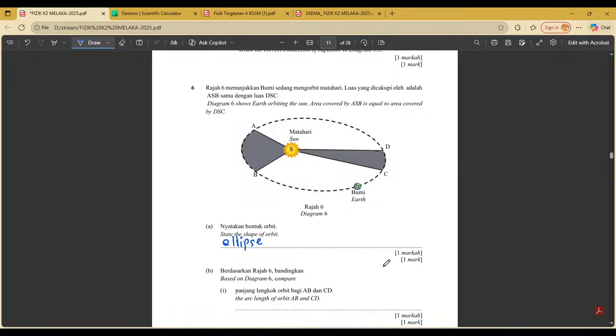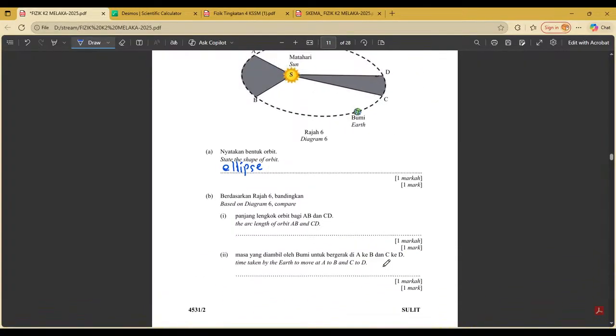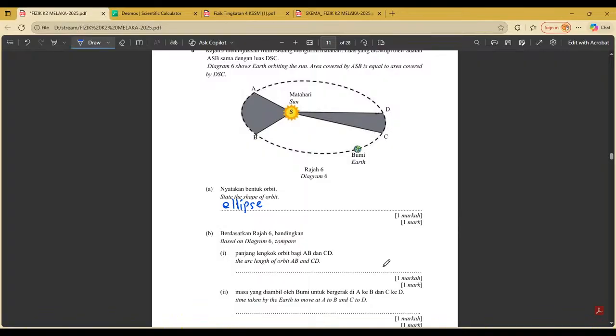Moving on. The arc length of orbit AB and CD. AB is greater than CD.